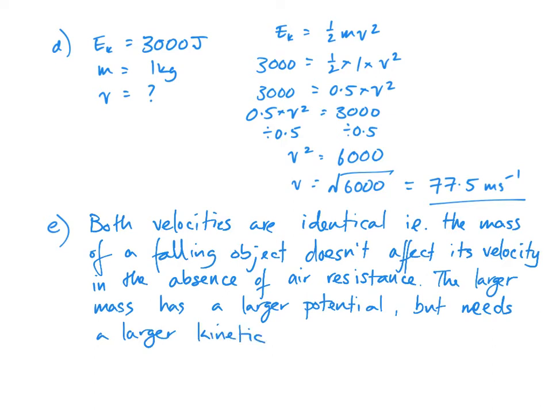So the fact it's got 10 times the potential energy doesn't mean you get 10 times the speed, because the mass also appears in the kinetic energy formula. So it needs a larger kinetic energy to travel at the same speed. Or velocity.